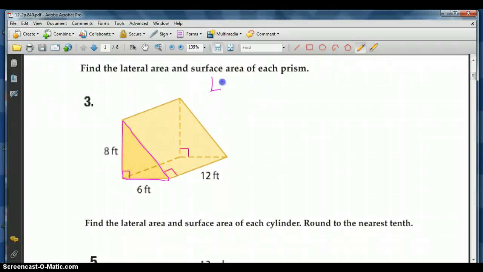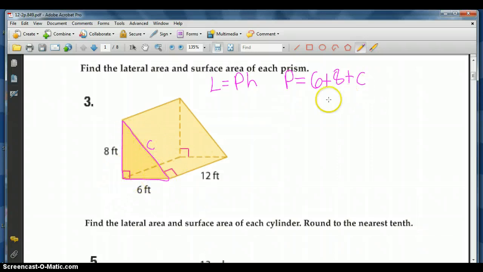Our lateral area is equal to perimeter of the base times height of the prism. So our perimeter of the base would be 6 plus 8 plus, I'm going to call it C, because we have a right triangle, so we can find C by using the Pythagorean theorem.